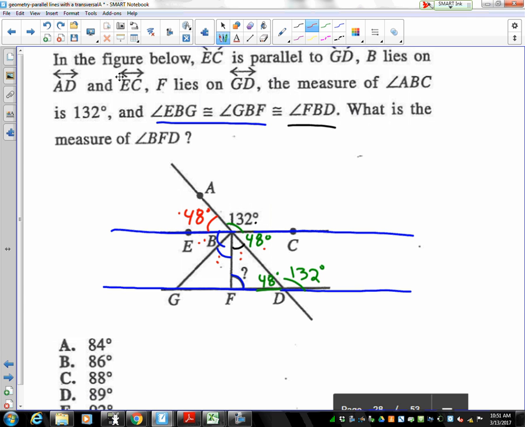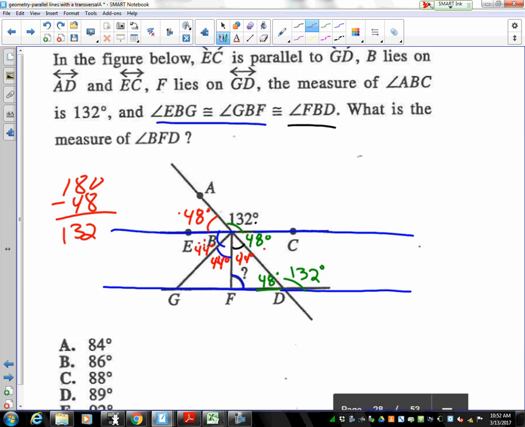I'm going to take the 48 out of the 180, so 180 minus 48 is, of course, going to give me 132. So all three of these angles should add up to 132. And because all of them are the same, I can just do 132 divided by 3. So each of these angles is 44 degrees.